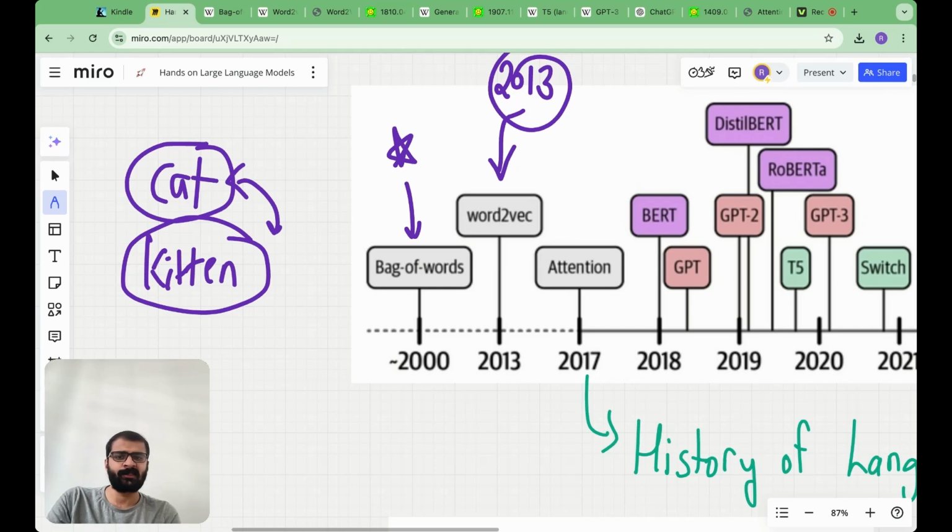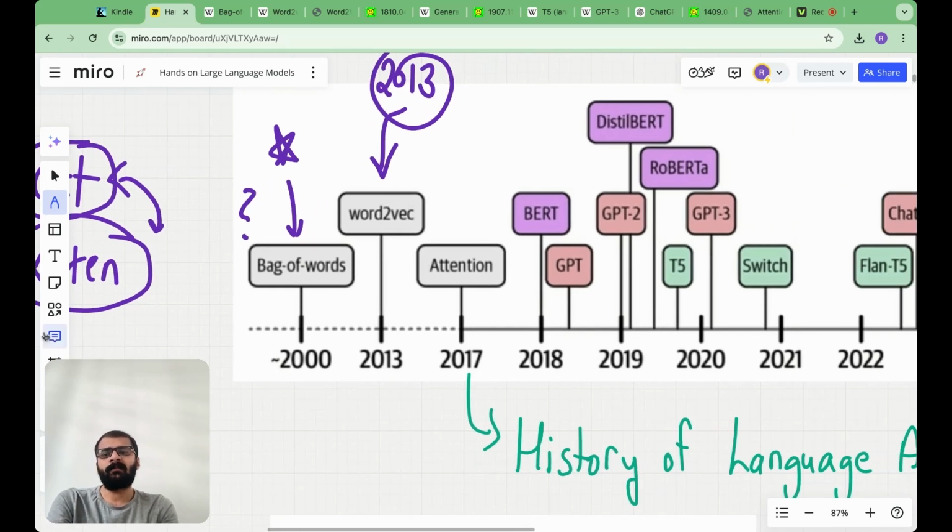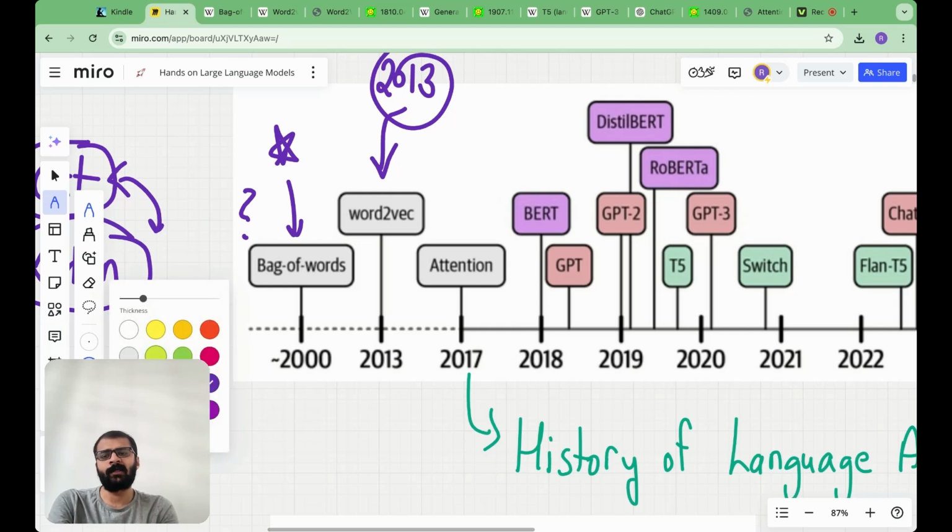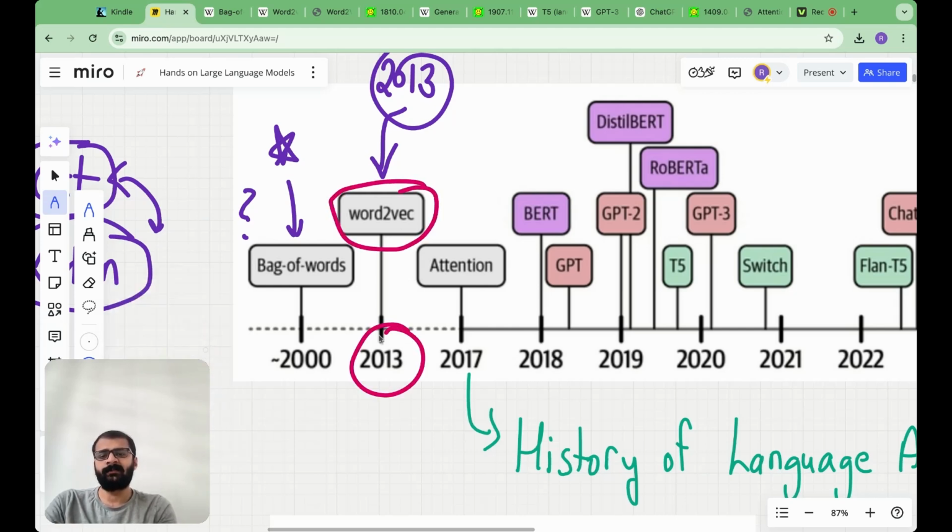They have meanings which are similar to each other. And that similarity of meaning, that semantic understanding behind words and what words represent, is completely missing in the bag of words approach. And this was really the first time this problem was tackled, I would say, with the Word2Vec approach which was introduced in 2013.